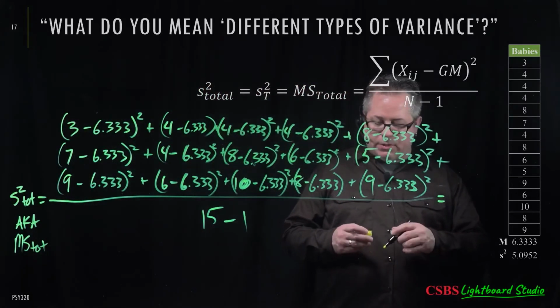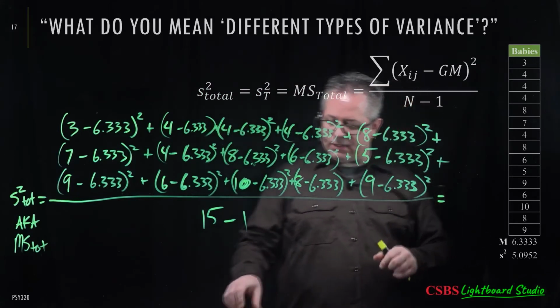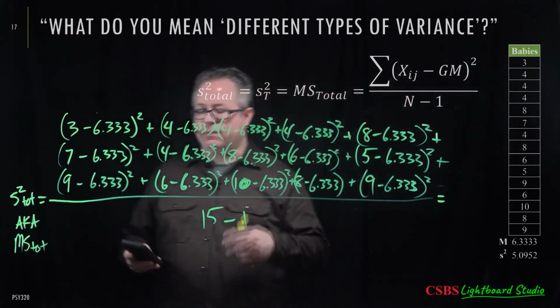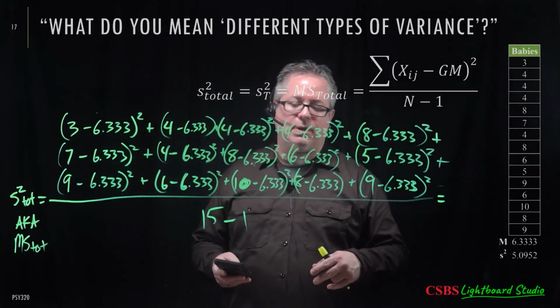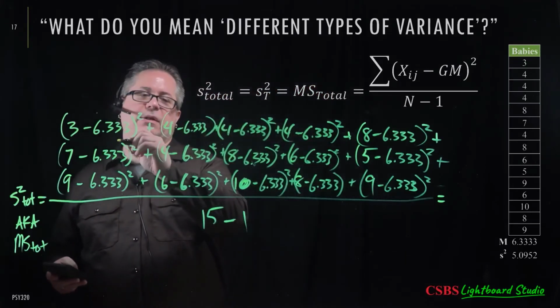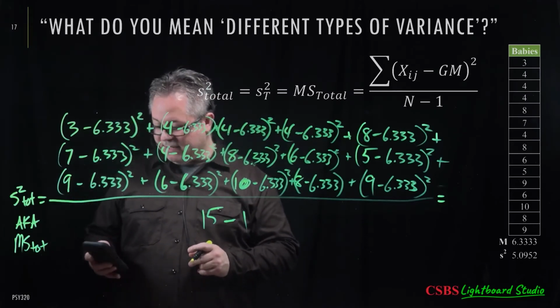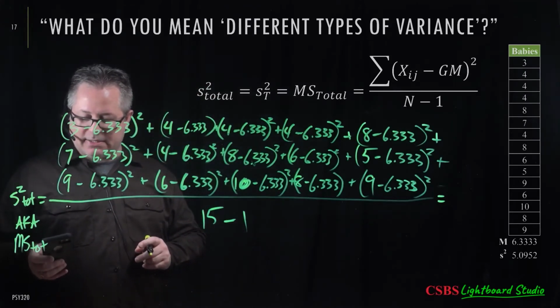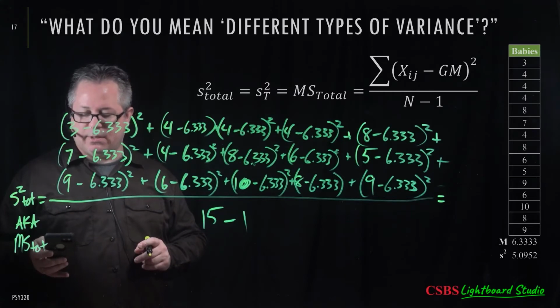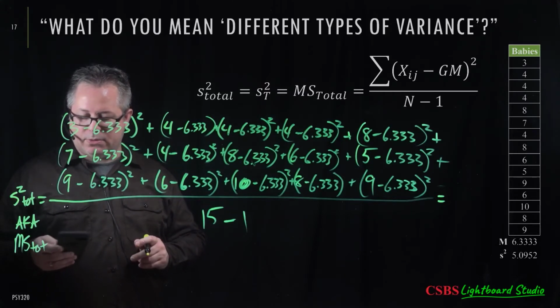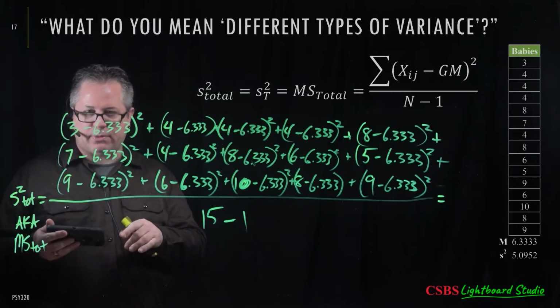So let's figure out what all these are. As tedious as it is, I think it's good to go through each one of them. And even on the video, what I might do, which might be kind of funny, is start it and then speed it up so it's not so tedious. Okay, 6 minus 6.333 equals negative 3.333.